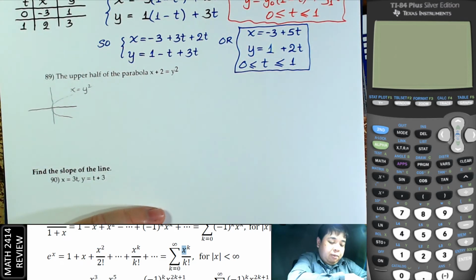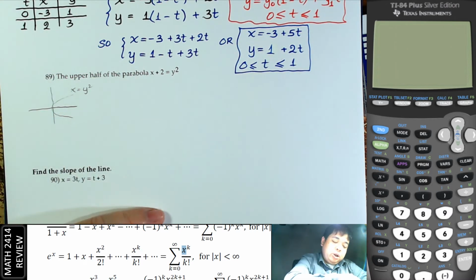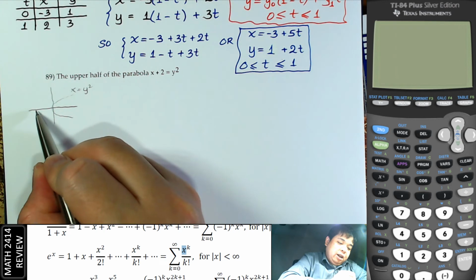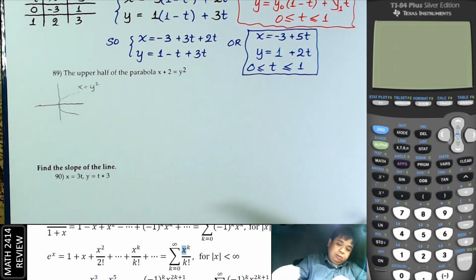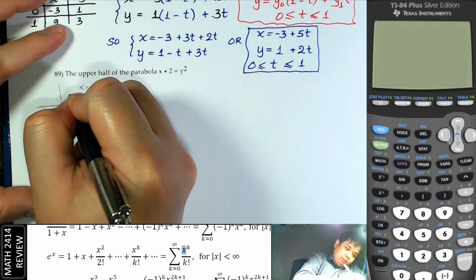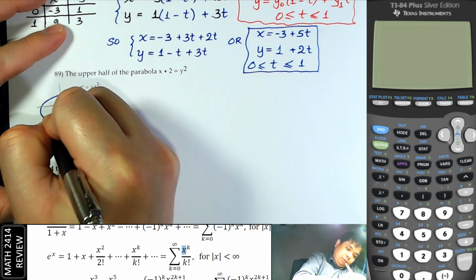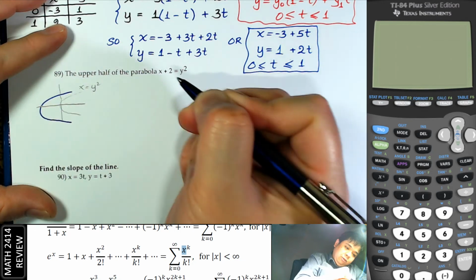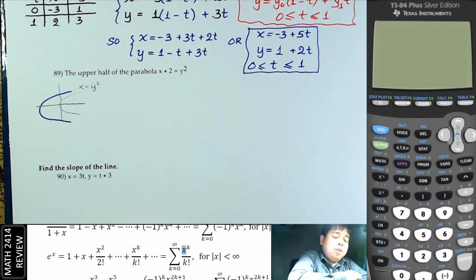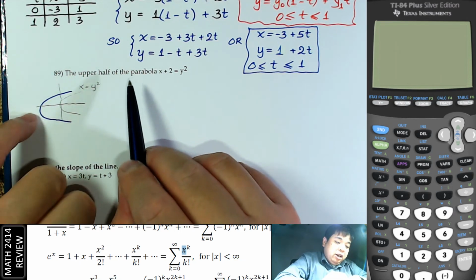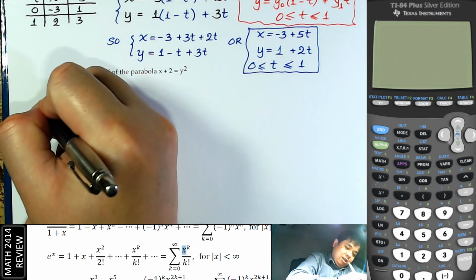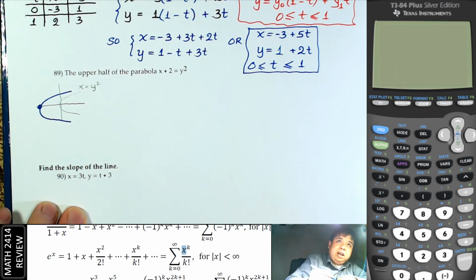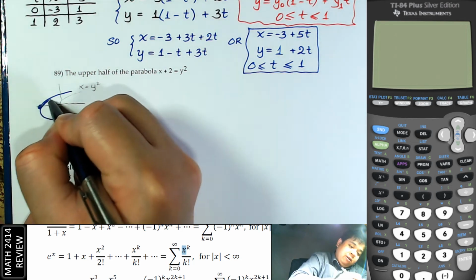However, this will have the plus 2, so we have to shift over here. Yeah, it's like that. Because when x equals -2, plus 2 is 0, y is equal to 0. So yeah, parabola that way. And we only want the upper half.